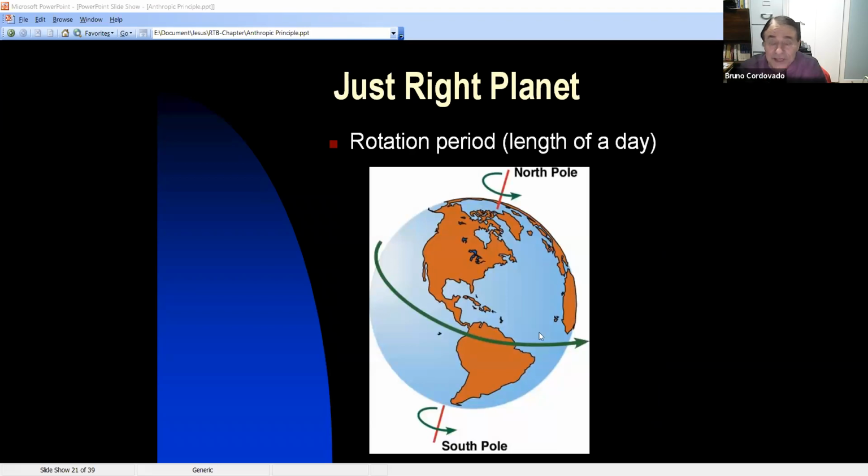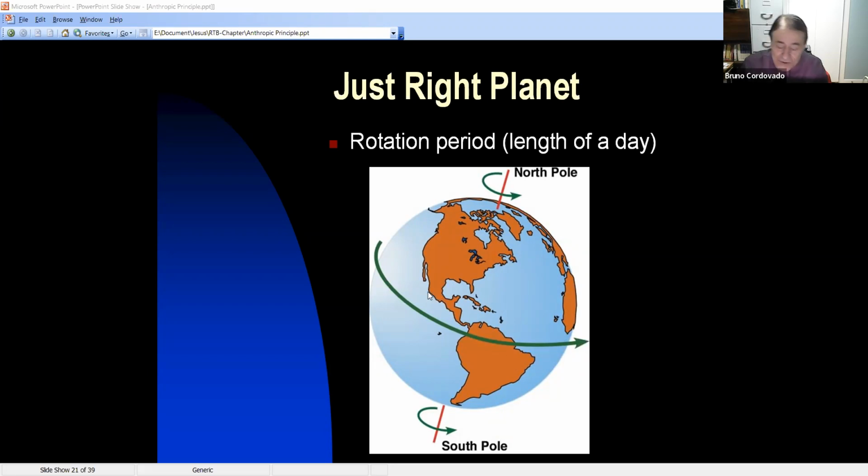Then you need to have the right rotation period. Right now, the planet Earth has a 24-hour day. When the Earth was first formed, it was about a 10-hour day. And it's slowly gotten longer, partly because of the gravity of the moon slowing down the rotation of the Earth.